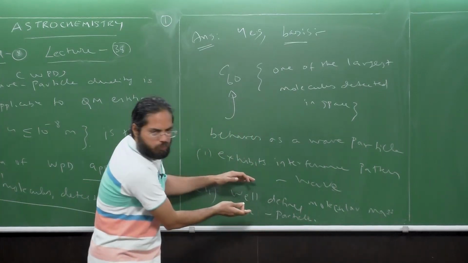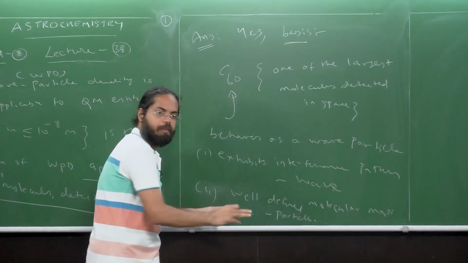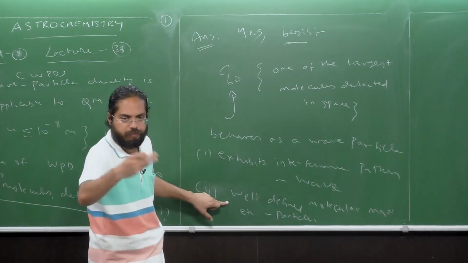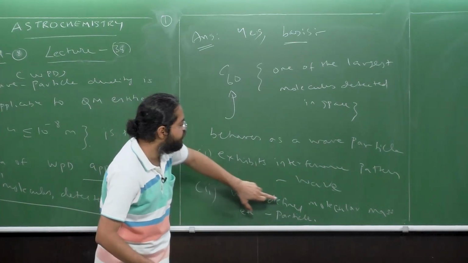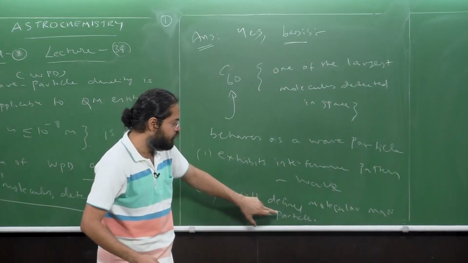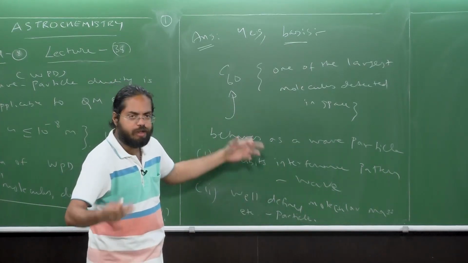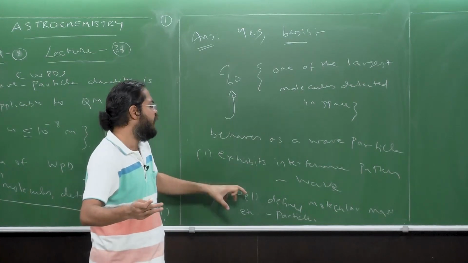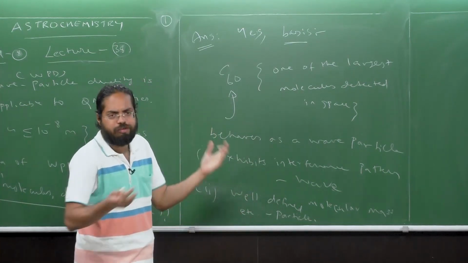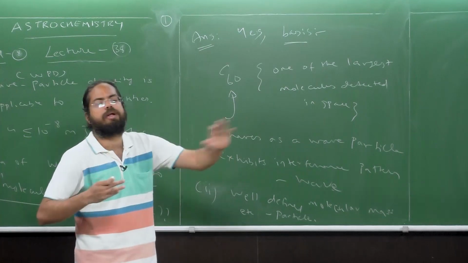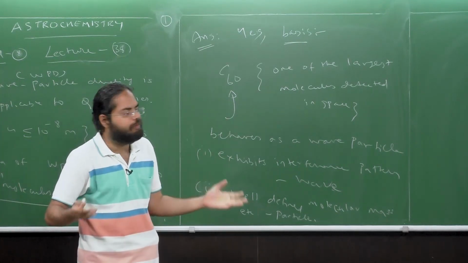I'm writing way below, so the handwriting may not be that good. I'll read this again for your benefit. This says well-defined molecular mass, etc. So this behaves as a particle. So as a wave, it exhibits the interference pattern, and of course it's a particle because its mass is well-defined. So the particle type nature is also going to be exhibited.